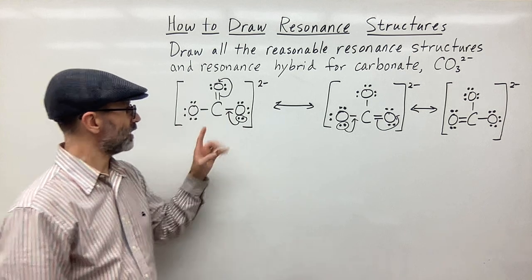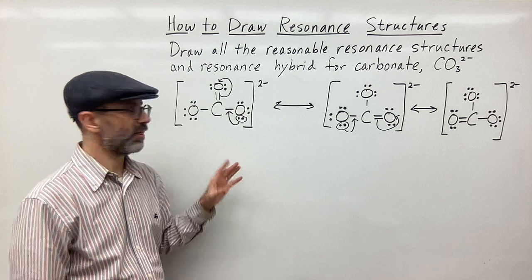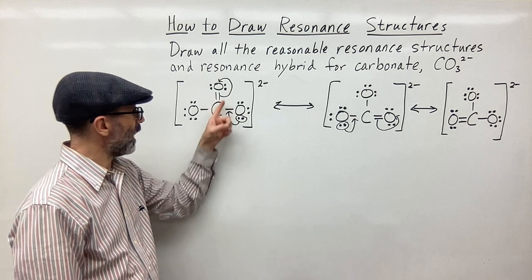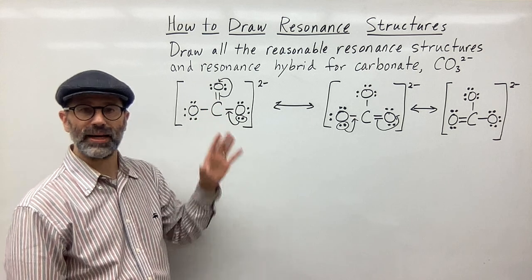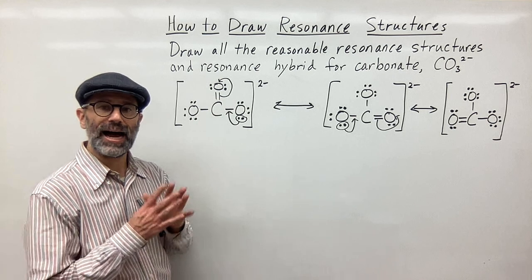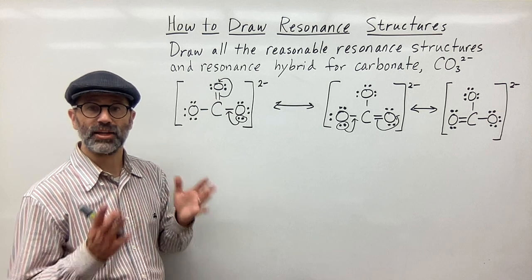Really, what's happening is that the resonance structures are showing that the bonds here are somewhere between a single bond and a double bond. It's more like a hybrid situation. So take the example of breeding dogs, right?